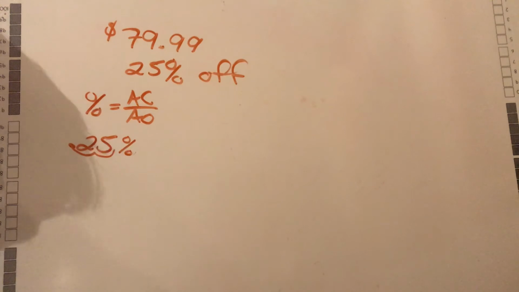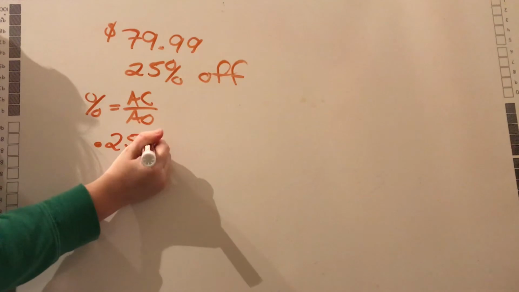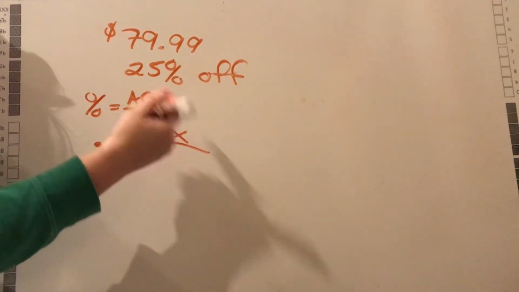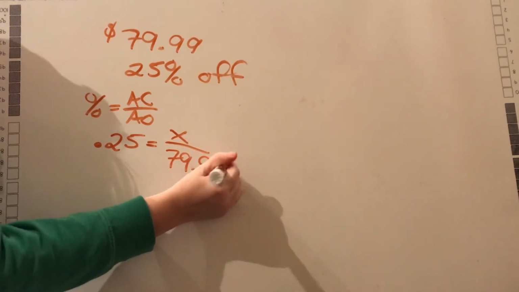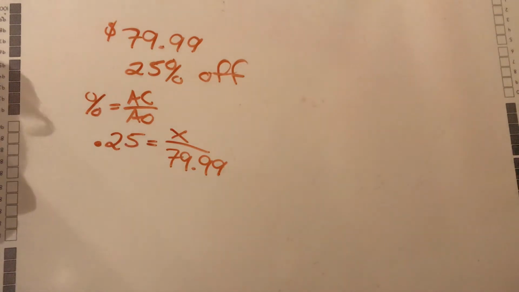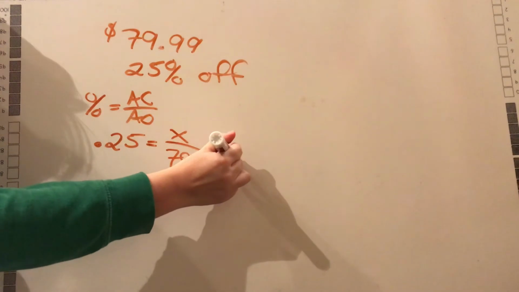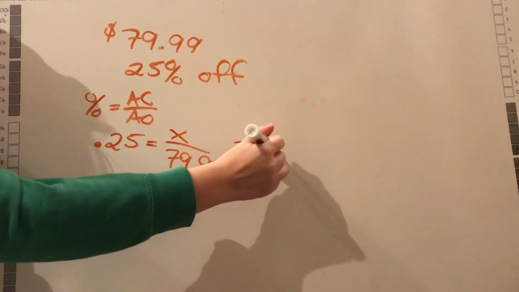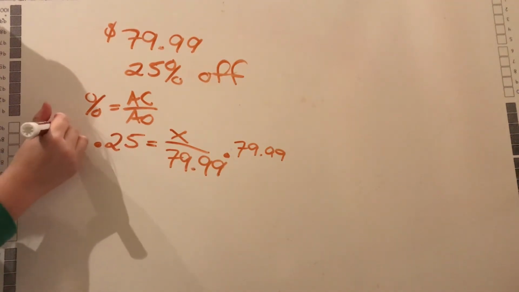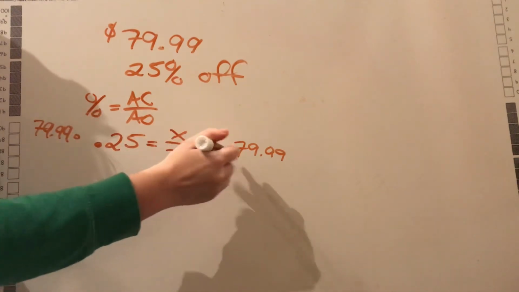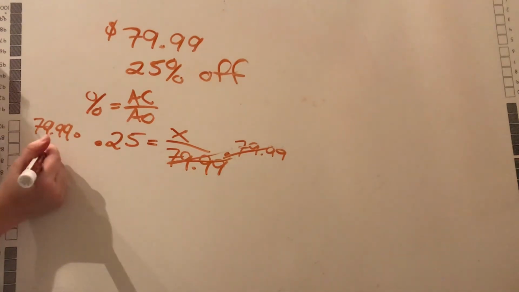So it's really going to be 0.25 equals X, our unknown number, our amount of change, over 79.99. Now, how do we solve for X? Yes, we should multiply each side by 79.99, right? Because what you do to one side, you do to the other side. Well, this is going to cancel that out. And then, what is 79.99 times 0.25?